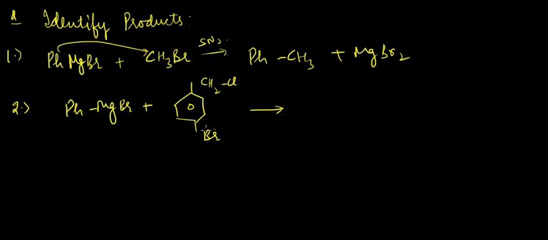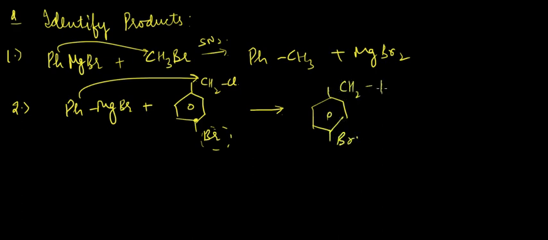Obviously we won't be removing this Br, because removal of this Br will create a positive charge on the phenyl ring, which is the formation of a highly unstable aryl cation. Hence on this carbon we will be having a substitution. So this Br will remain intact and we will have something like CH2Ph, plus the product formed is MgBrCl.